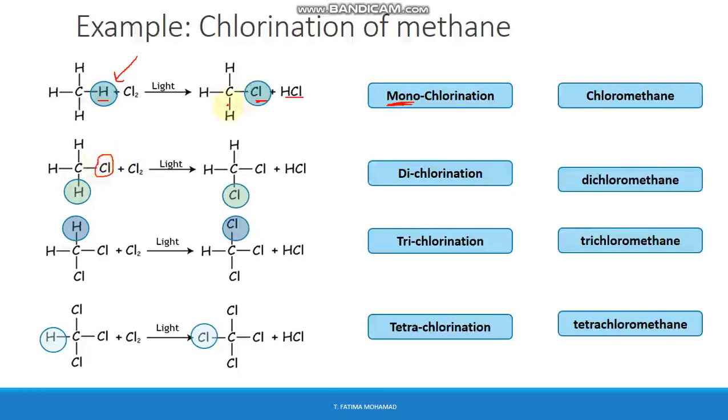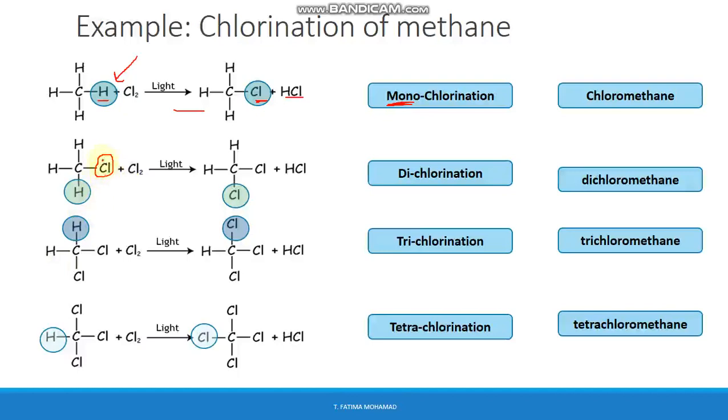And in fact, the reaction doesn't stop here. It will continue, and the methane will be substituted by this chloromethane, and the chloromethane will be substituted by the dichloromethane here. It's a continuous reaction. Okay? Here it's dichlorination because we have two substitutions of Cl.